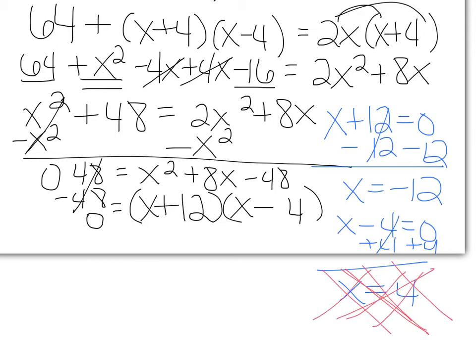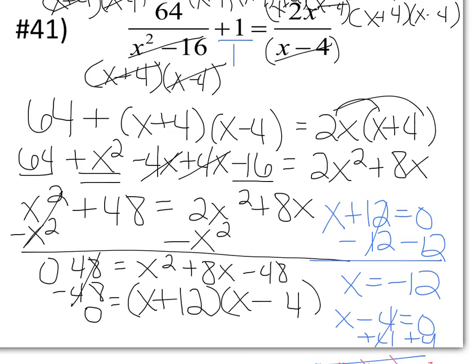Okay? But let's look into negative 12. If I put a negative 12 in here, that just gives me negative 8. Here, it just gives me 8, so we're okay. So negative 12 is a good answer, and we checked it.